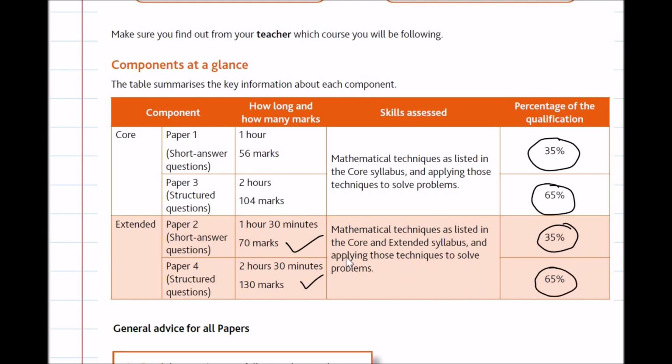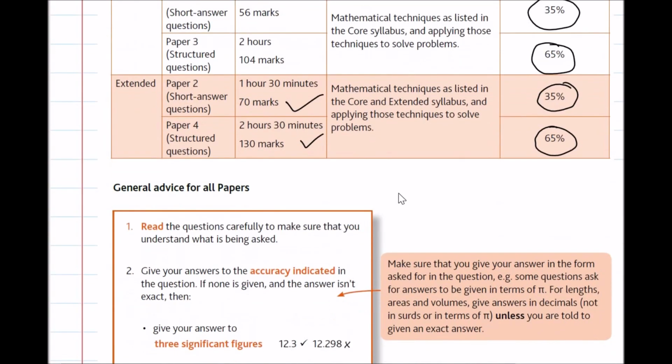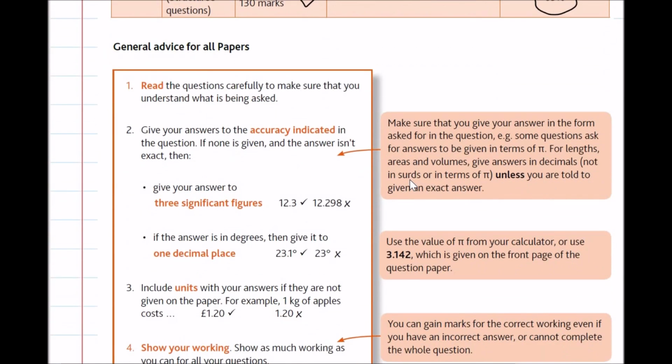Okay. Now, general advice for all papers for the candidates. You should always read the question carefully to make sure that you understand what is being asked. Give your answer to the accuracy indicated in the question. If none is given and the answer isn't exact, then give your answer to three significant figures.